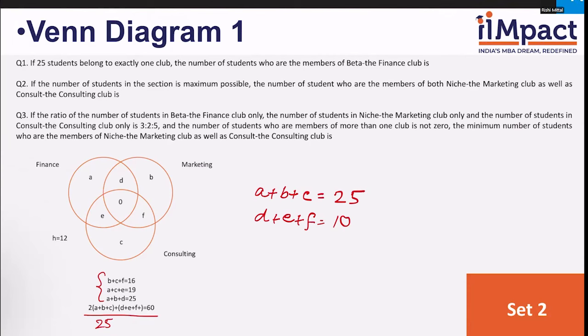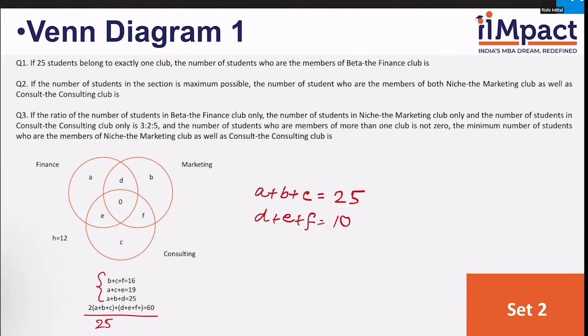All right. What have I been told? The number of students who are members of the Finance Club. So Finance Club is A plus D plus E, right? A, D, and E. Okay.